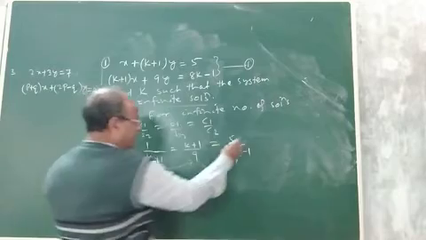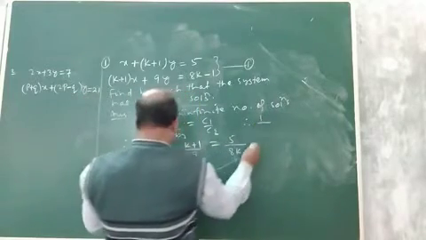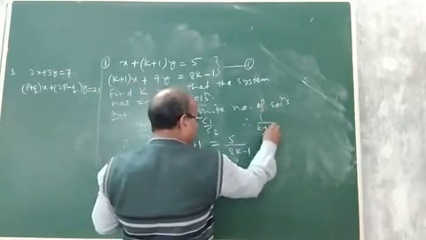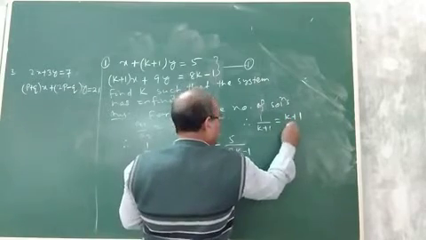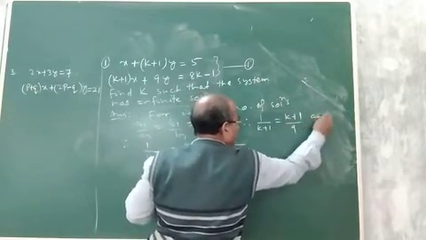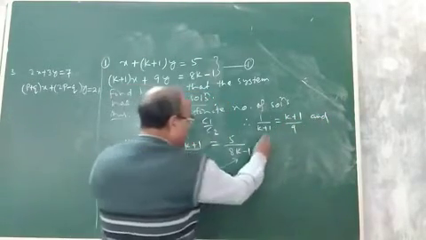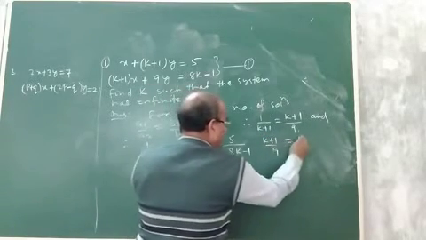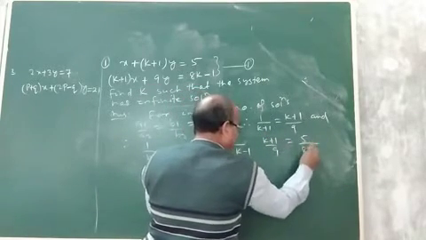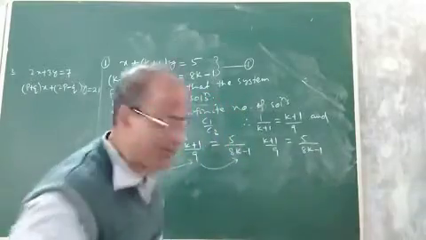Therefore we will say that 1 by (k plus 1) will be equal to (k plus 1) by 9, and again (k plus 1) by 9 will be equal to 5 by (8k minus 1). Now let us solve it.